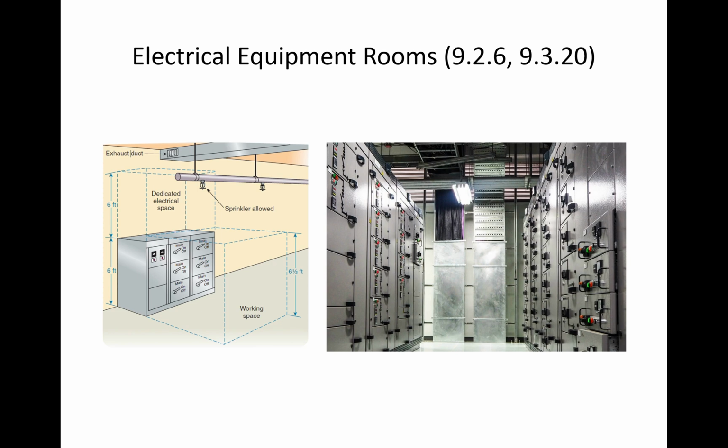Next, for electrical equipment rooms that meet the requirements of 9.2.6 and satisfy the following four aspects, sprinklers can be omitted from the electrical room. First, the room is dedicated to electrical equipment only.